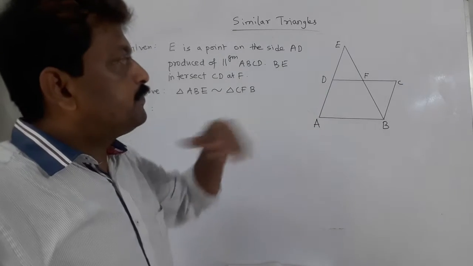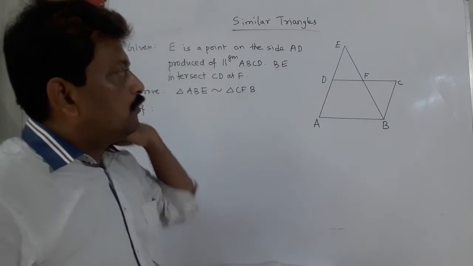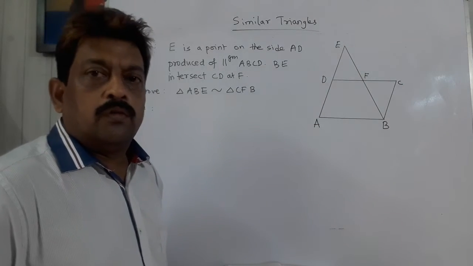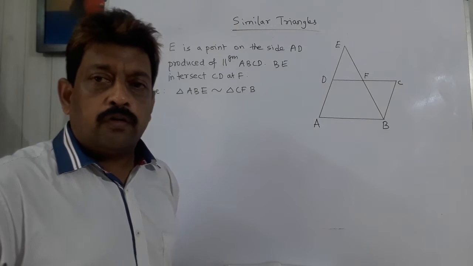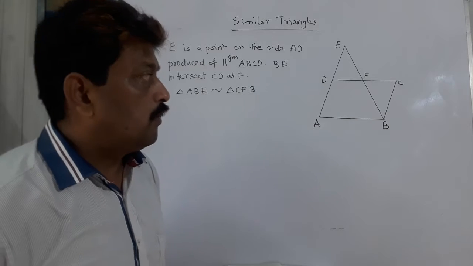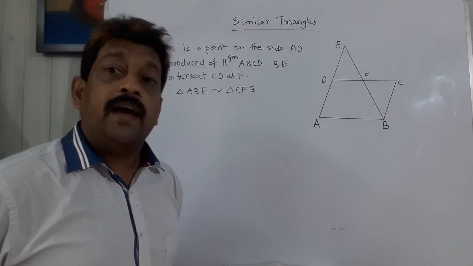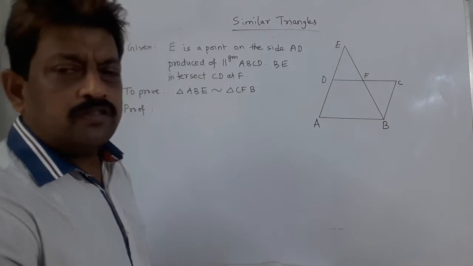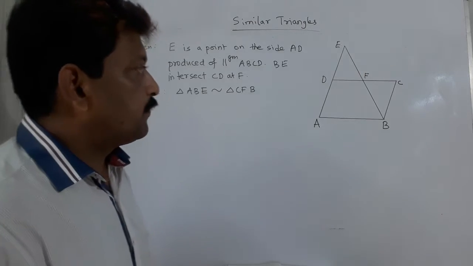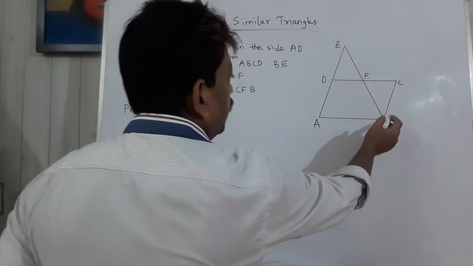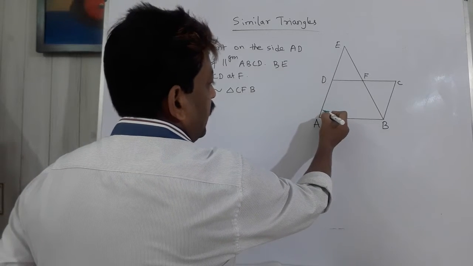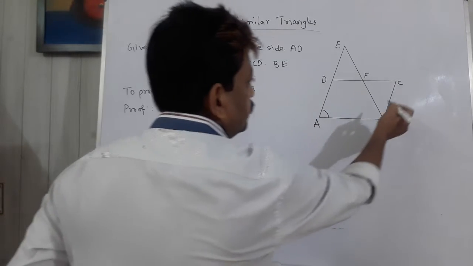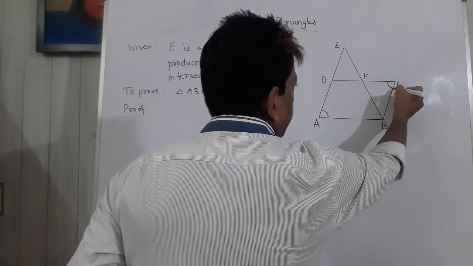So here we have to show that these two triangles are similar. So we have to look for whether their sides are proportional or not, or whether their angles are equal or not. First of all, let us focus on the angles. Now in triangle ABE and triangle CFB, can we say that angle A is equal to angle C?